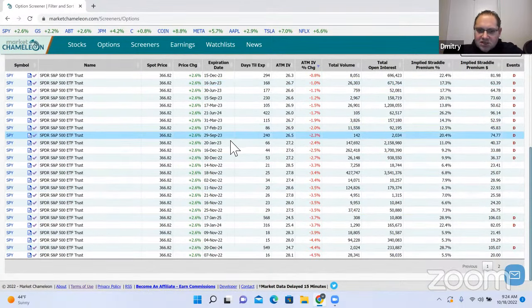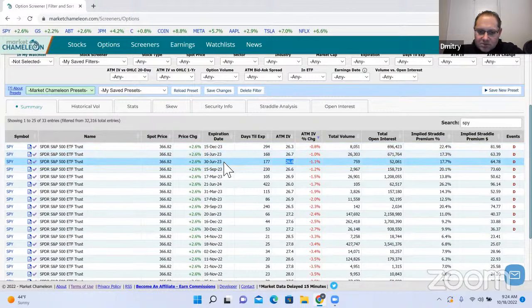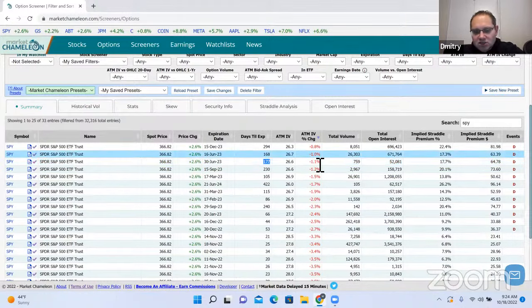And what we do for each expiration, we capture the at the money implied volatility. These are at the money implied volatilities that correspond to this expiration. This expiration, June 30th, 2023, 177 days left to expiration. Implied volatility is 26.6. Yesterday it was down 1.1%.